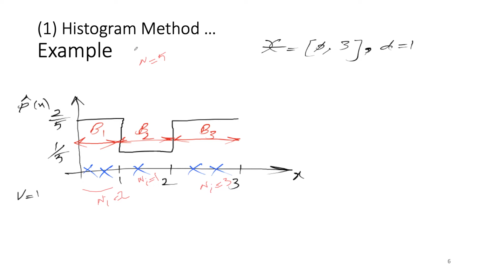Since in histogram methods these B's are uniform, these 3 widths are equal. And for the case of Ni equal to 2, we have 2 over 5, which brings this spike higher.